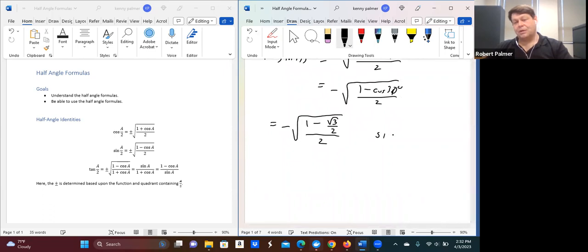So this is similar to number 1. And so we'll just go ahead and say that the sine of 195 degrees is equal to minus the square root of 2 minus the square root of 3 over 2.